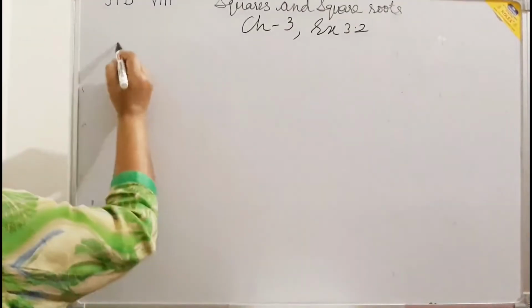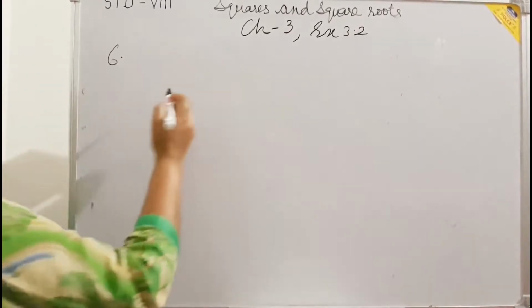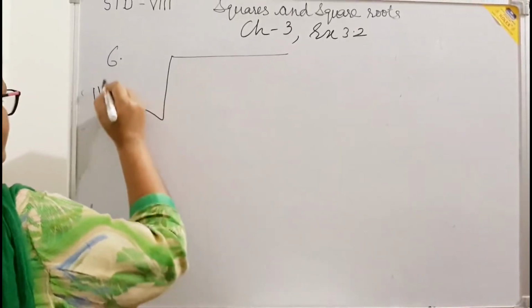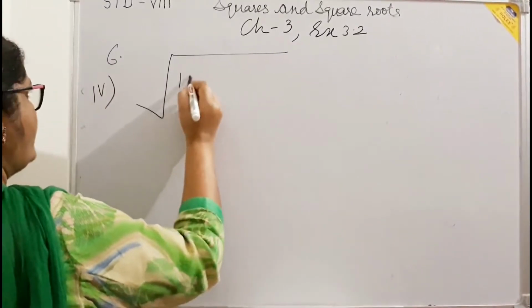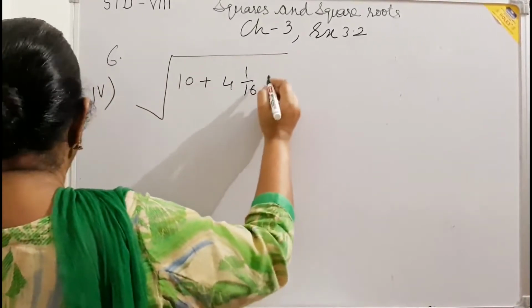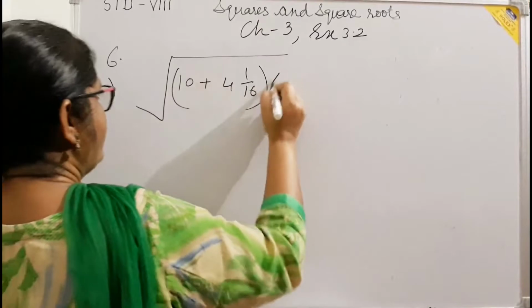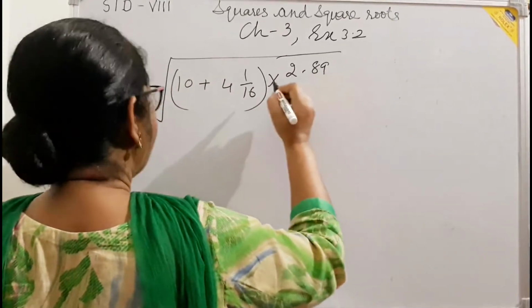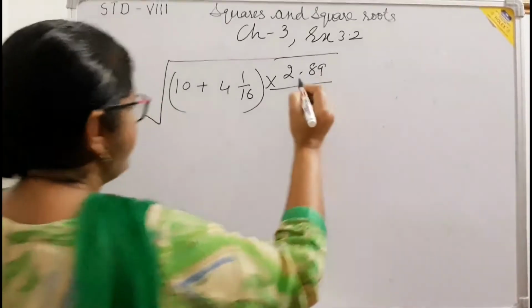Question number 6, find the value. Yes, 6th question, 4th part: 10 plus 4 and 1 over 16, multiply 2.89 over 25.